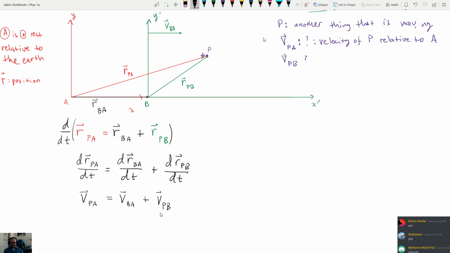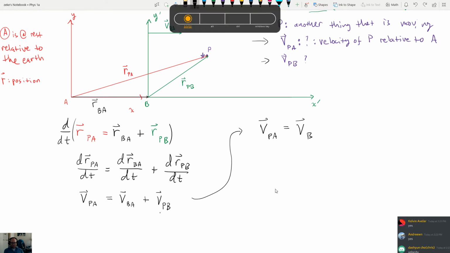And now we've actually solved for this, and technically we've solved for this too. Okay. I'm going to write this in a slightly different way, but this is our final answer effectively. I'm just going to rearrange things a little bit. I'm going to write it as VPA is equal to VBA. Nope, that's the same way. I'm going to put this one first.